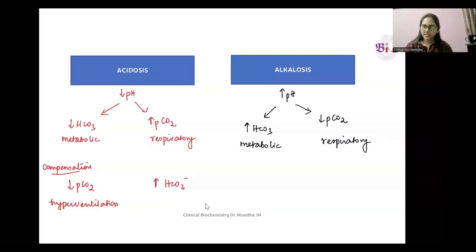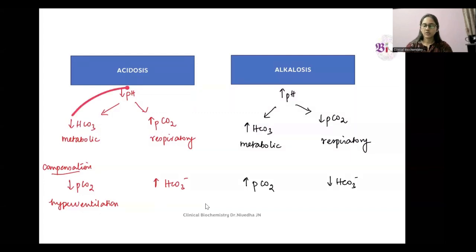So who comes for compensation again? In case of metabolic alkalosis, the compensation should be an increase in carbon dioxide, so increased retention of carbon dioxide by hypoventilation by the lungs. Similarly, in case of respiratory alkalosis, the compensation will be a reduction in the bicarbonate levels, so there will be more excretion or reduced reabsorption of bicarbonate by the kidneys.